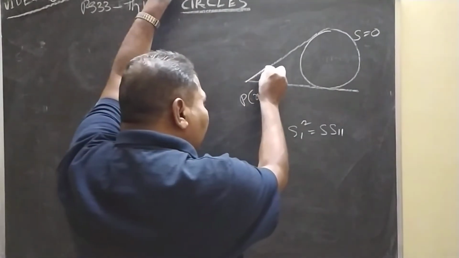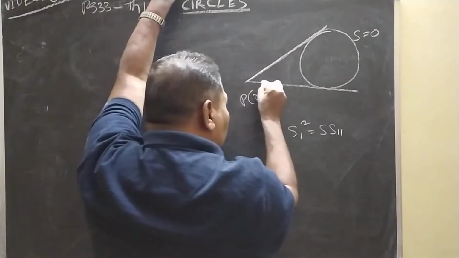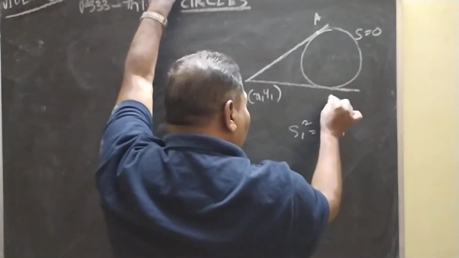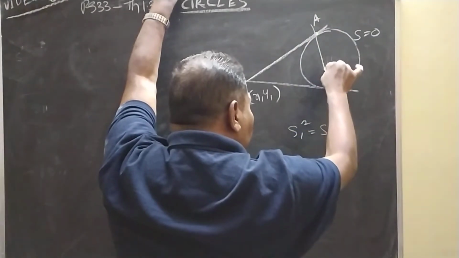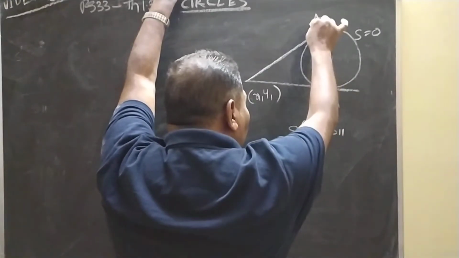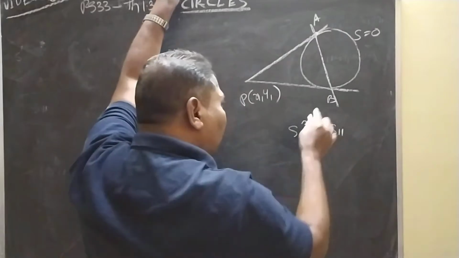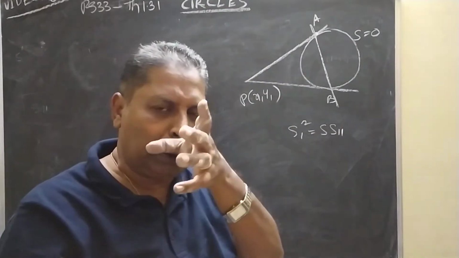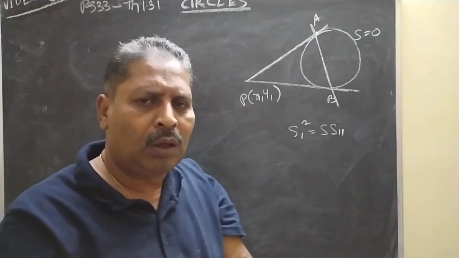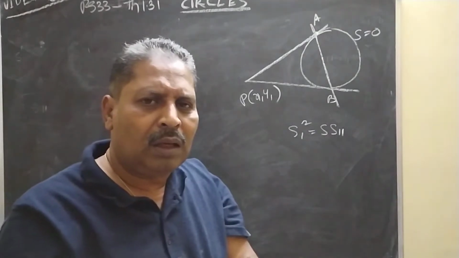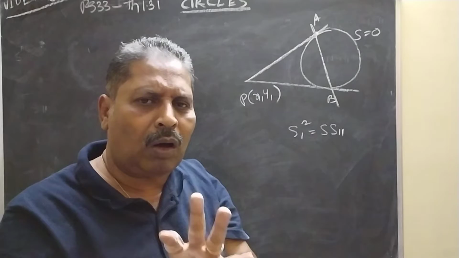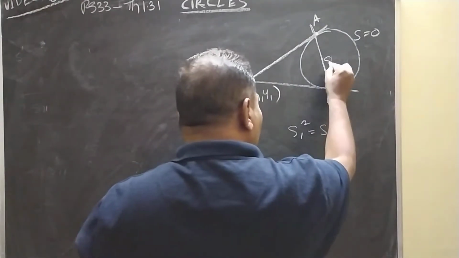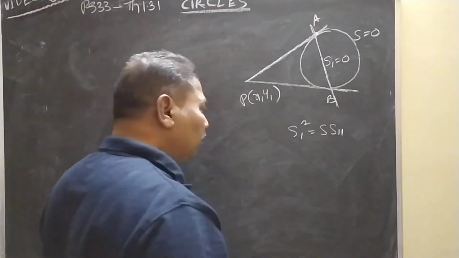The two tangents from P meet the circle at A and B. This line AB is called a chord of contact. We know that the equation of the chord of contact is S1 = 0.